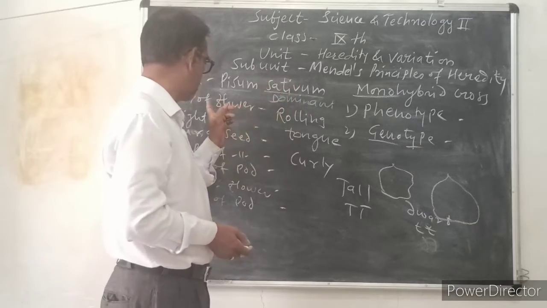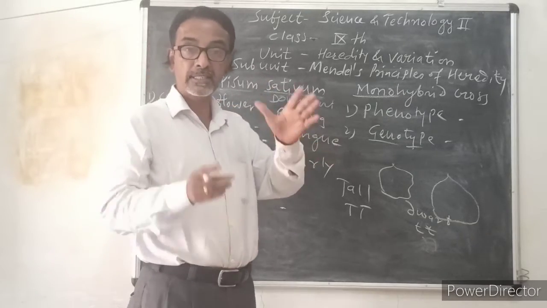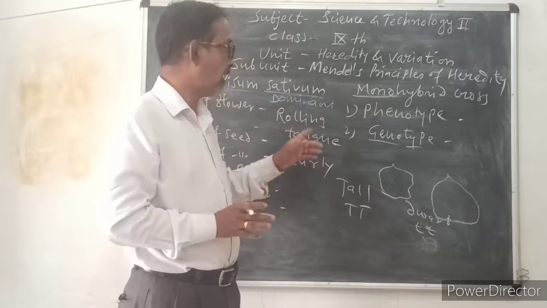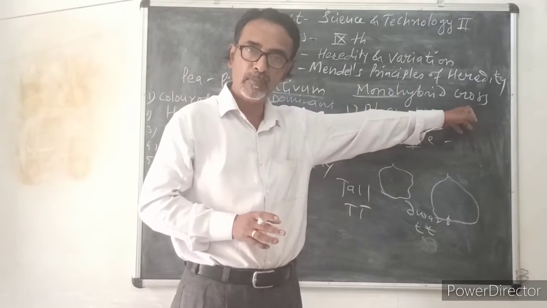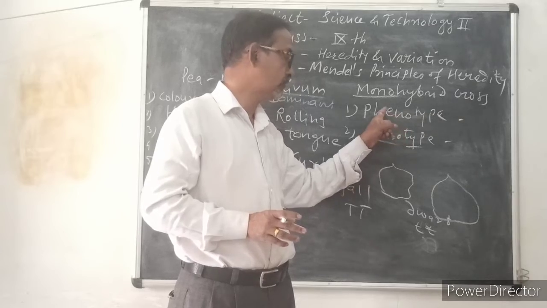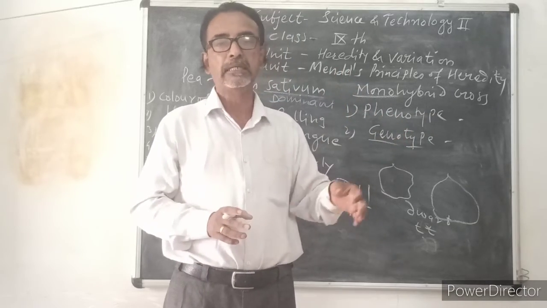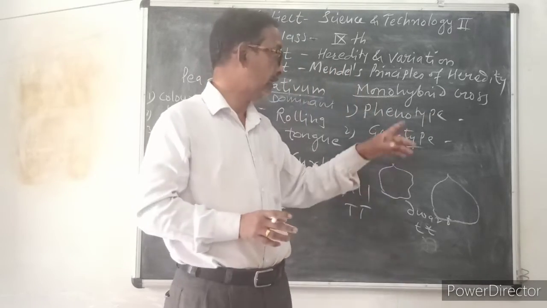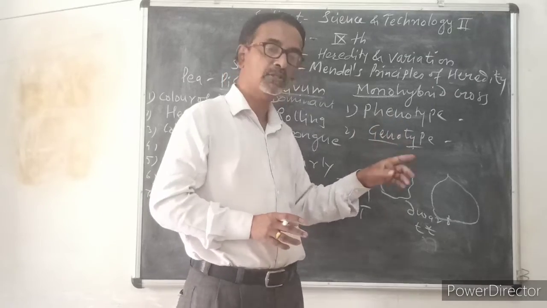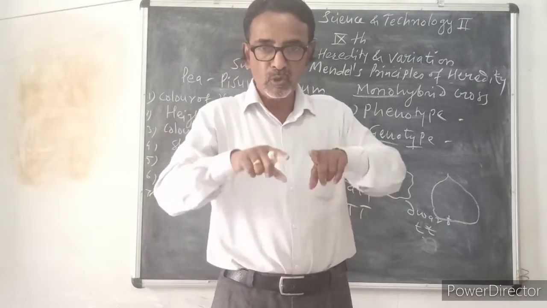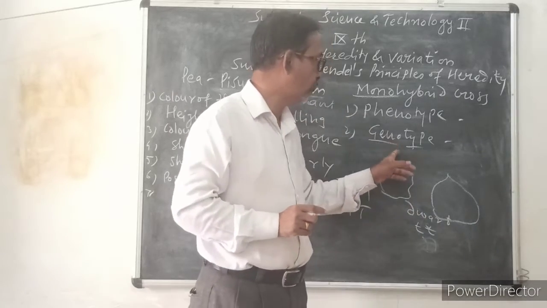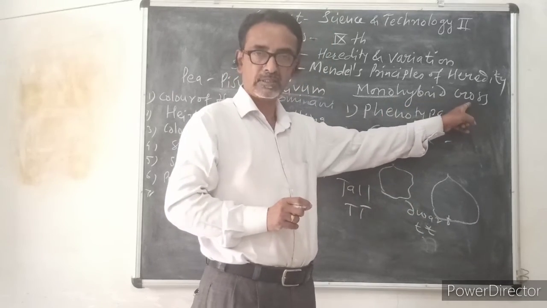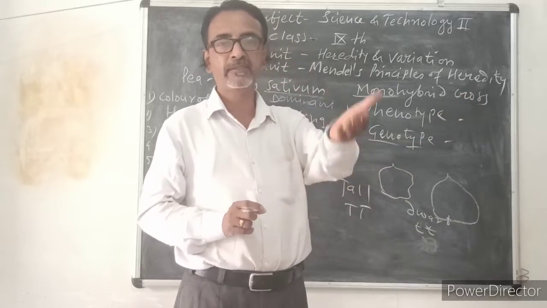Then we have seen dominant and recessive characters, seven contrasting characters, and then we started the monohybrid cross, the definition of monohybrid cross, definition of dominant character, definition of recessive character, definition of phenotype, and definition of genotype. On the basis of all these definitions we will start the monohybrid cross in detail in the next class.